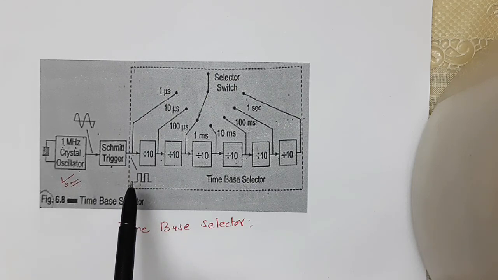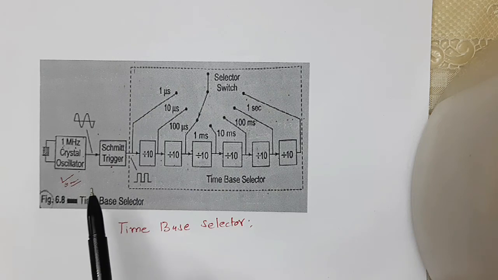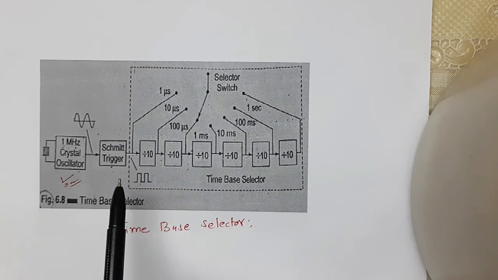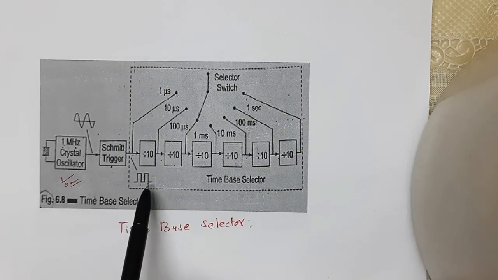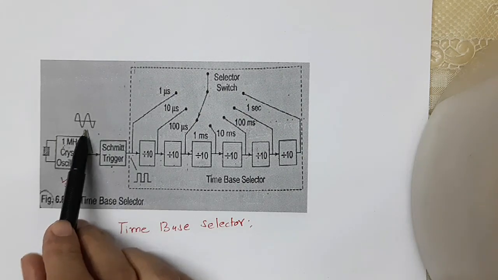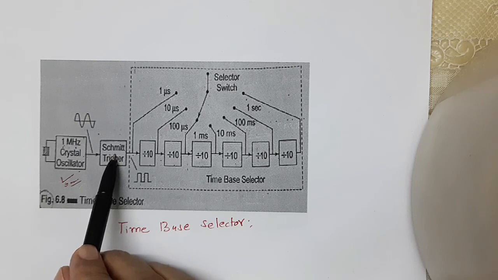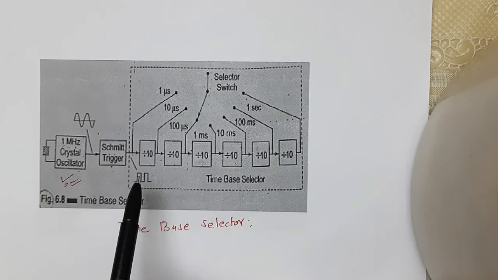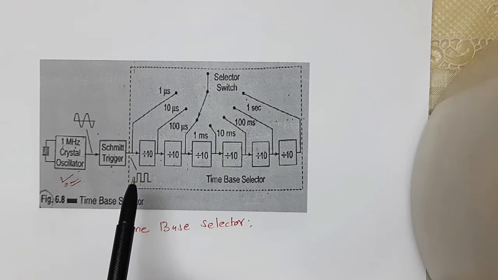If the duty cycle is 50%, then it is a square wave. If it is not 50%, then it is a pulse wave, a train of pulses. The input from the crystal oscillator is a sine wave, given to the Schmitt trigger, and the output is a pulse wave at a rate equal to the frequency of the clock oscillator.